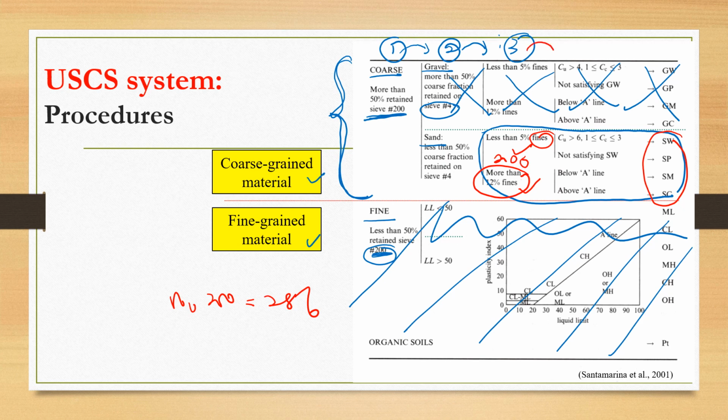So now moving to the next column, number 4, you don't have to look at this part, so you only focus here.